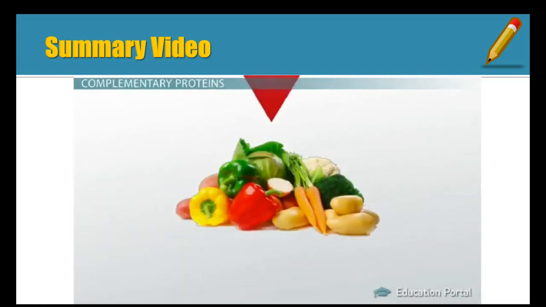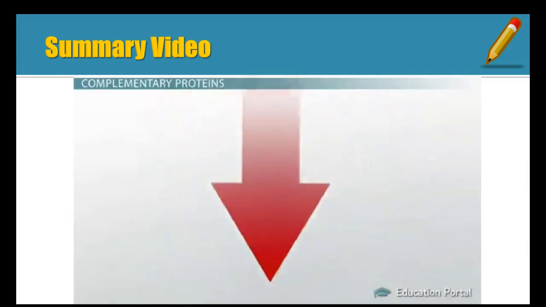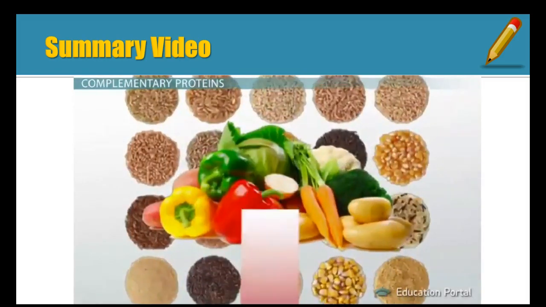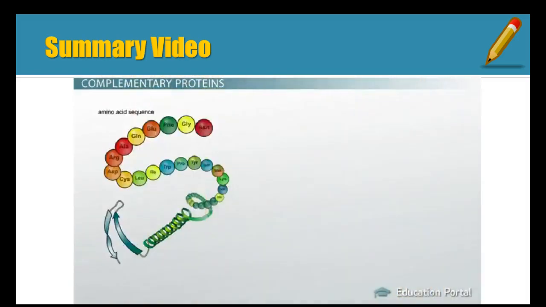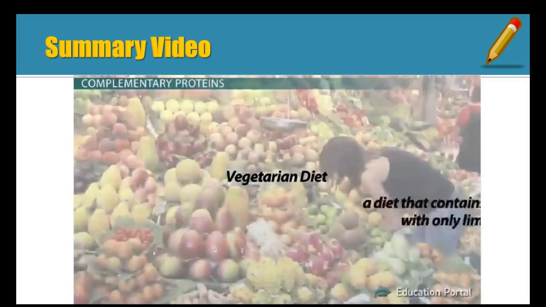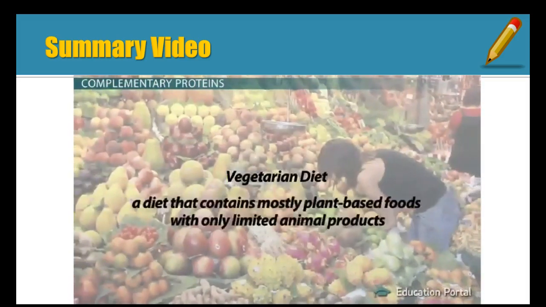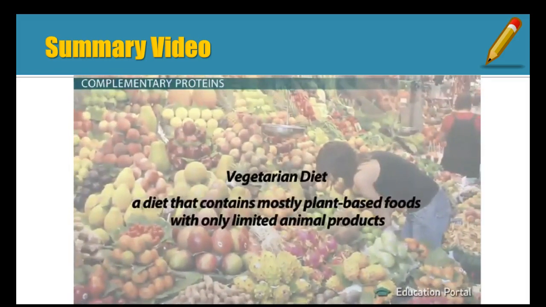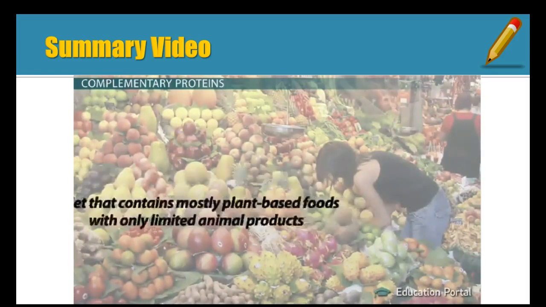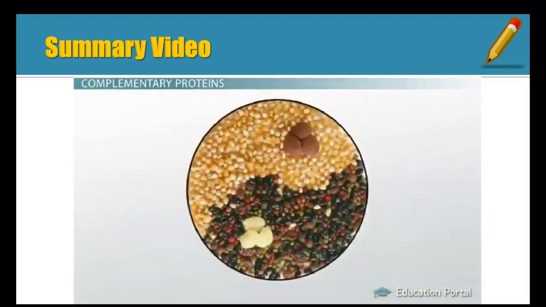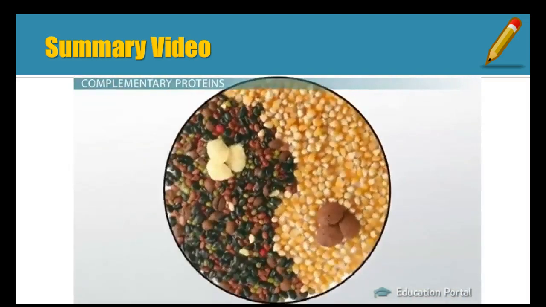The fact that most plant proteins are low quality and incomplete does not mean they cannot be used to help you meet your complete protein needs. In fact, even a vegetarian diet, which is a diet that contains mostly plant-based foods with only limited animal products, can provide all the needed amino acids by combining two or more incomplete proteins.